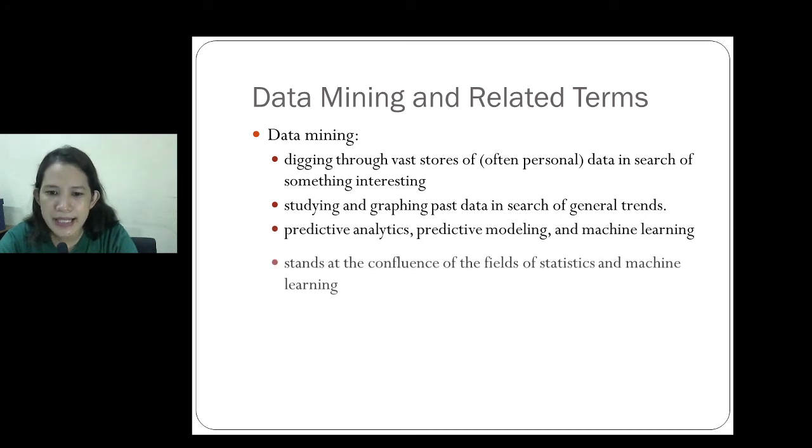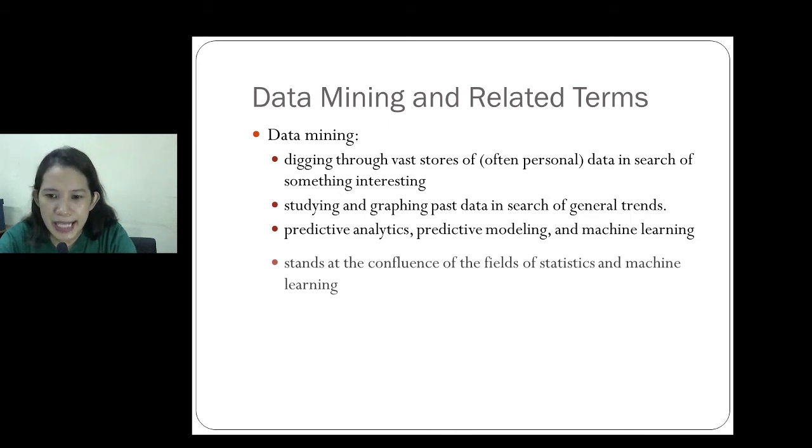Data mining stands at the confluence of the fields of statistics and machine learning, also known as artificial intelligence. A variety of techniques for exploring data and building models have been around for a long time in the world of statistics, like linear regression, logistic regression, discriminant analysis, and principal components analysis.